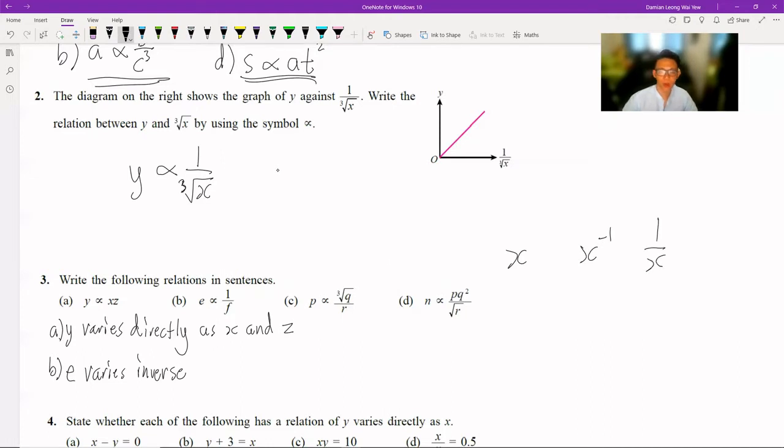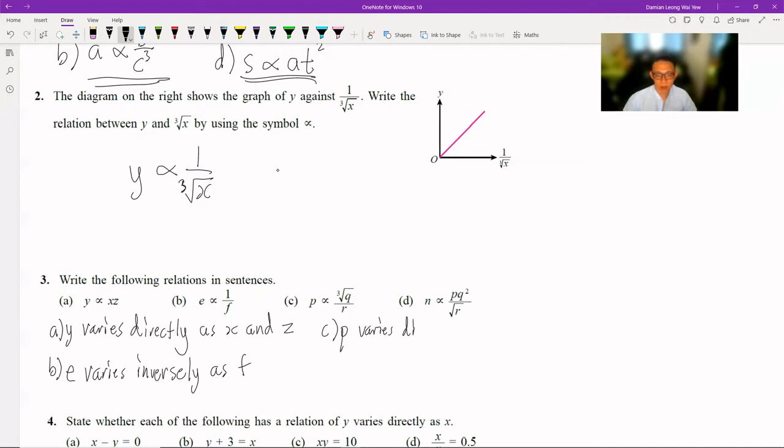That's why we take 1 over. That's the principle of inverse. It's the opposite, basically. Instead of times f, it's divide by f. So E varies inversely as f. That's B.